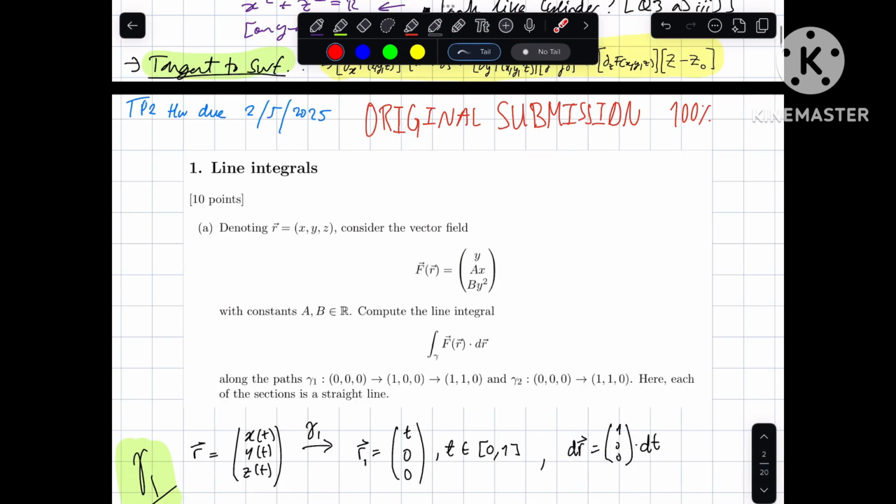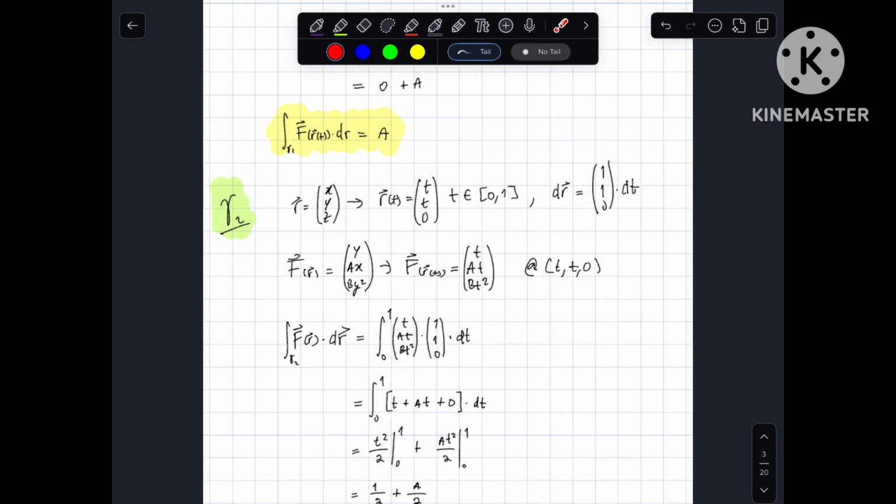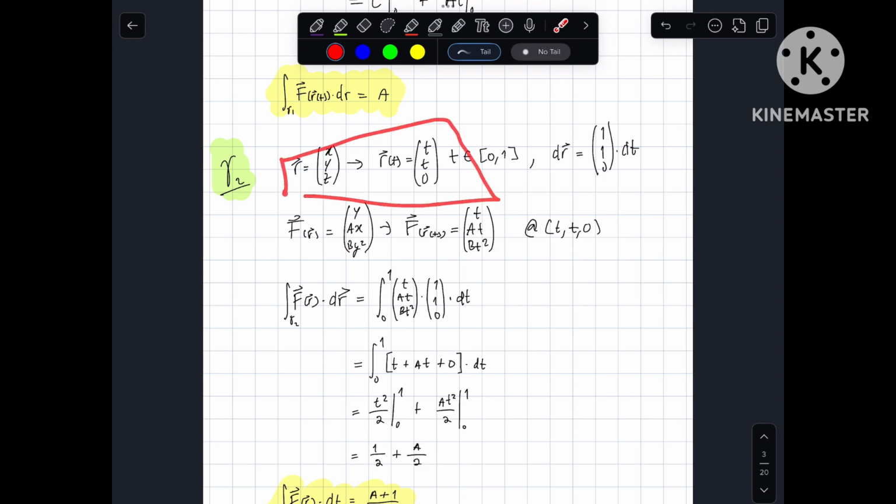An example of that would be this question. We're looking at this part. We want to go from this point 0, 0, 0 to this point 1, 1, 0. This is our vector field, and we want to compute the line integral. We found a parametrized position vector using the same technique that I discussed for the parametrization of a straight line in homework 2.